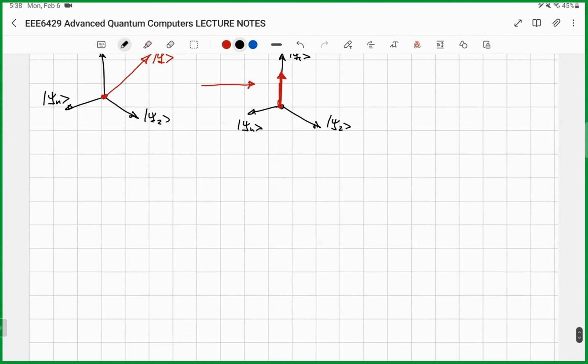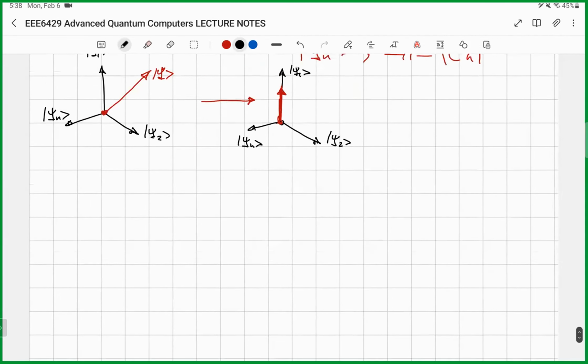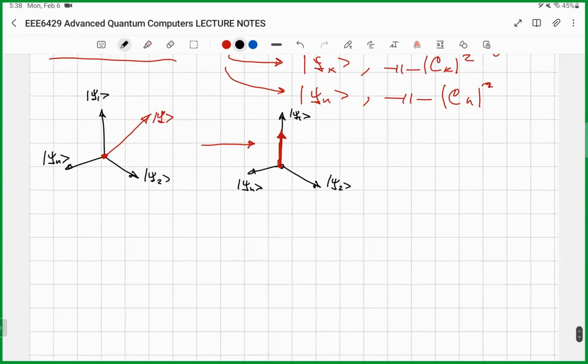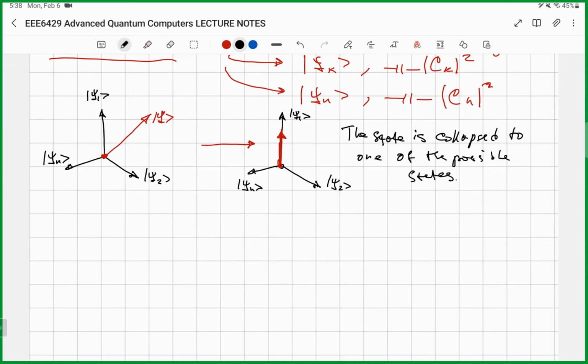So we say that the state is collapsed to one of the possible states. Collapsed.